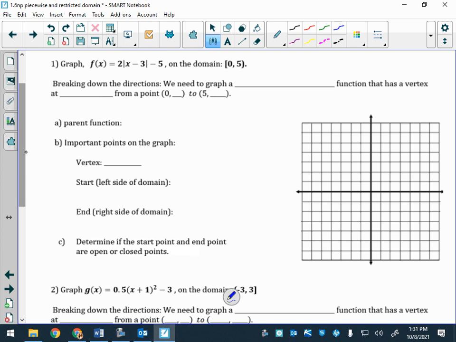So, Cece, what type of function is this? For number 1. It's the v. Good. Caitlin, do you know the name of the function? It's the v shape, which is? Awesome. Good job, you guys. Absolute value. Okay? So with absolute value functions, they have a vertex of what, Blake?